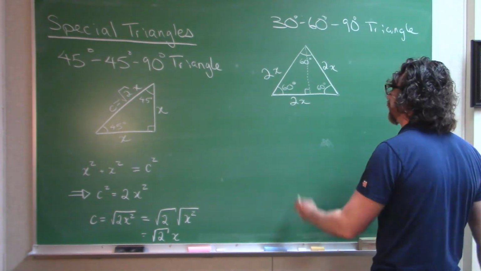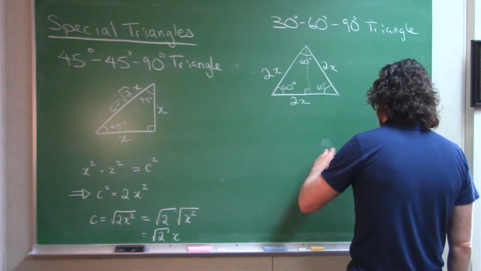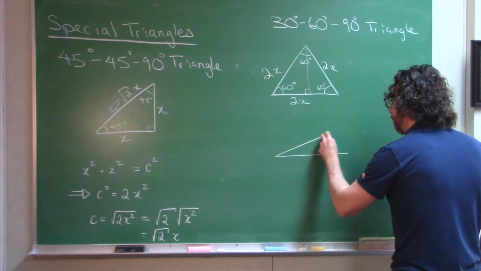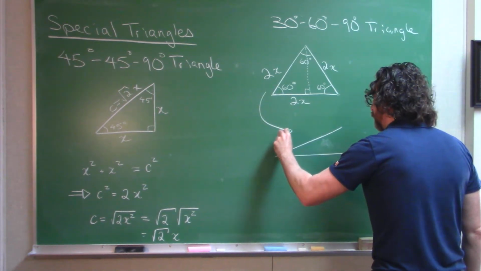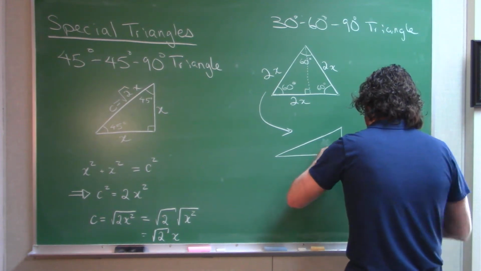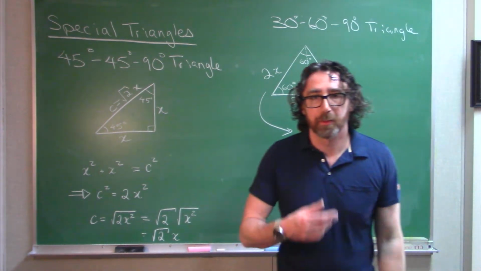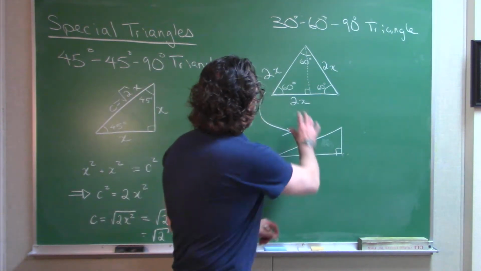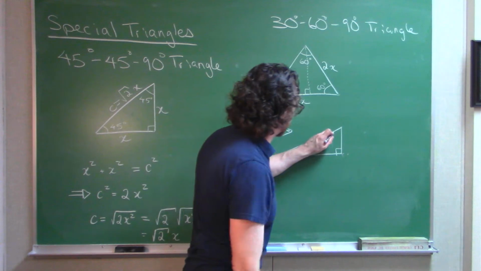So let me take one of these triangles and put it over here. Here's that right triangle I just made. I'm going to take this angle, put it up here.